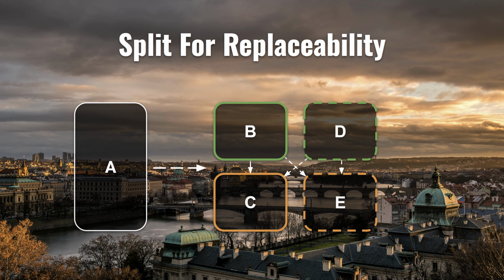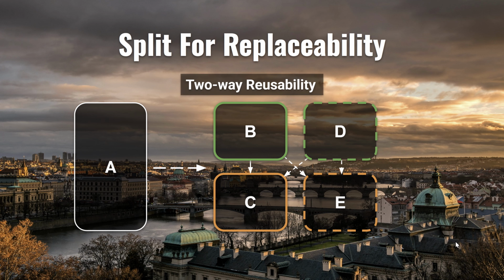When we split a unit for replaceability, we achieve what I refer to as two-way reusability. And two-way reusability means that both of the units that result from the split can be reused.